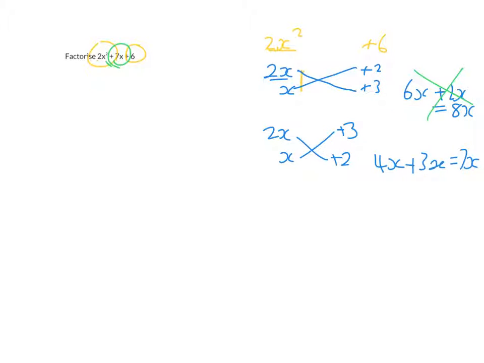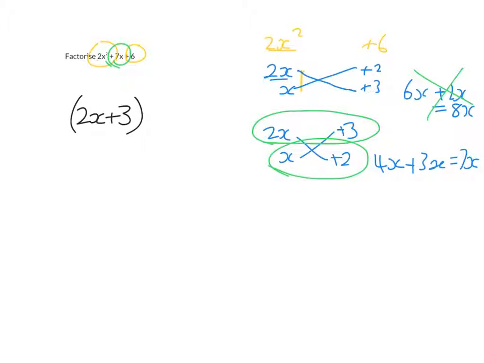And that seems to be what we're looking for. Okay, so what will be our two brackets in this case here? 2x plus 3 will be one bracket, and the other bracket is going to be x plus 2.